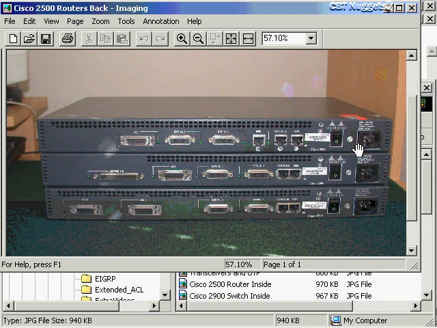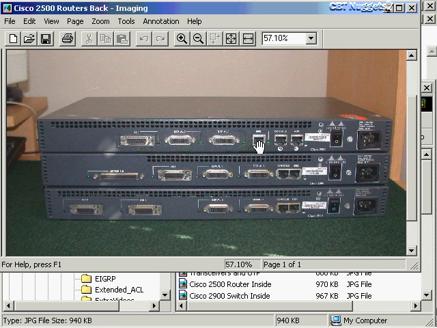Again, we have the 2503 here. Let me start with that as far as explanation. We're going to start at the left. This is an AUI connection, which is used for Ethernet connections. Again, any terms you're not familiar with yet, that's why we're in this series, and you will be by the end. But I just want to give you an understanding of what kind of hardware we're talking about. We also have serial connections, which are used for wide area networking, where this is used for a local area. You have two of those.